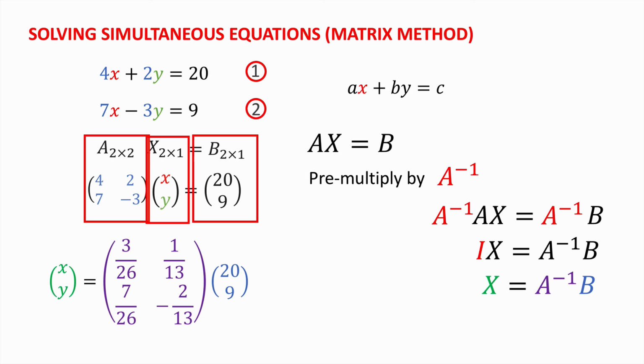And when we multiply these two matrices, we get 4, 3. So we see that X is equal to 3 and Y is equal to 4. This is the matrix method for solving simultaneous equations.